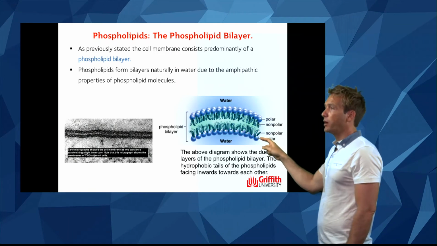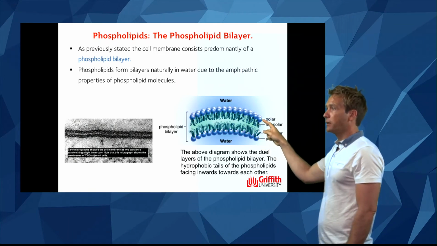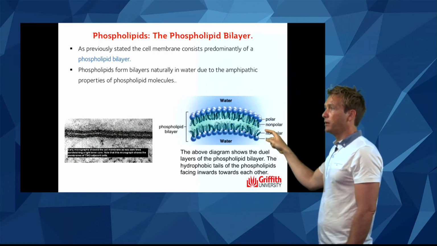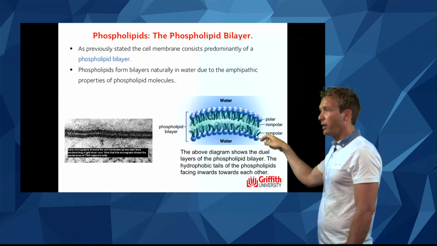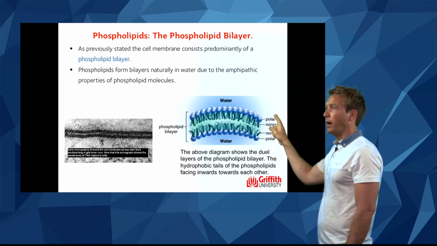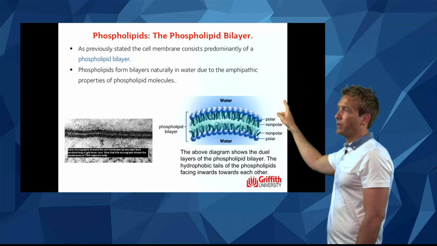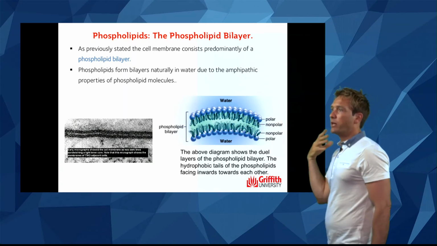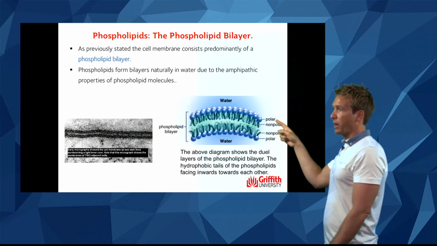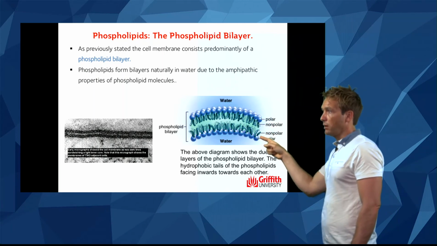And then the hydrophilic heads, the polar heads, the phosphate heads, face either into the cytoplasm or out to the surrounding environment. And again, the reason it's called a bilayer is because you have these guys and these guys.